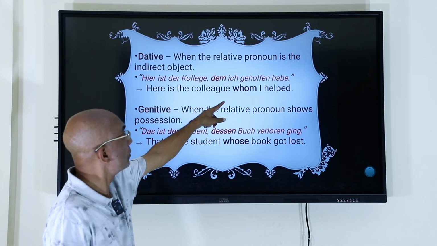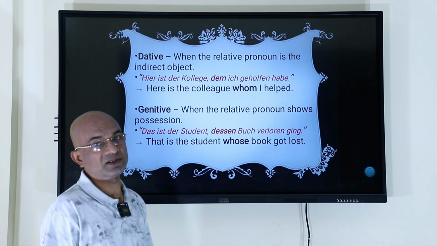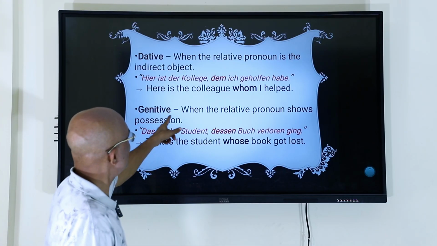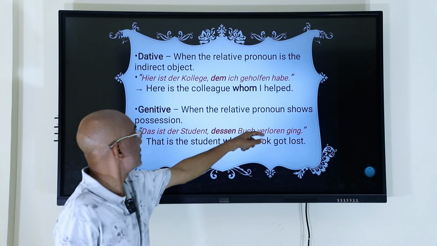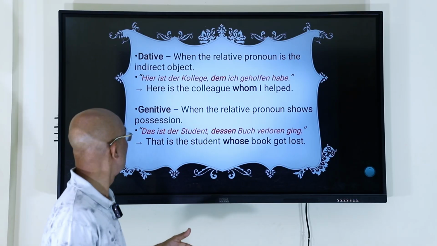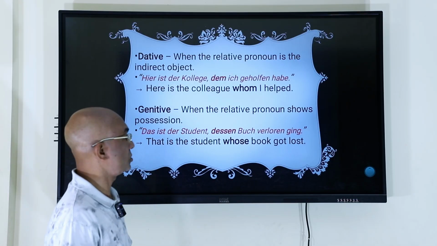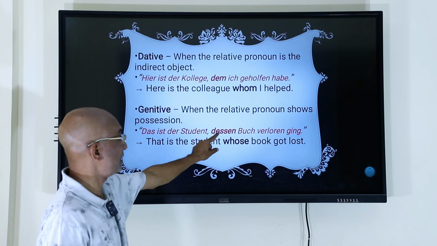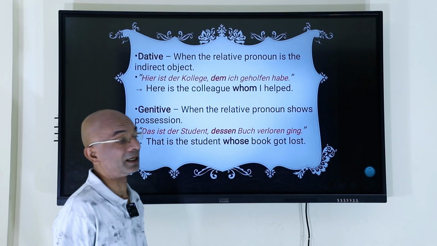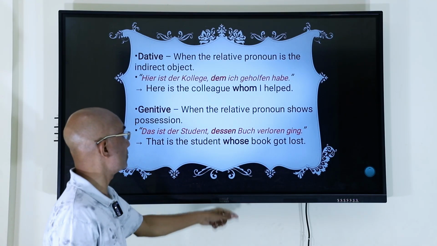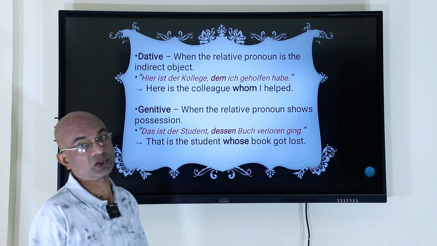Here is the colleague whom I helped. That's dative. Genitive, when the relative pronoun shows possession: "Das ist der Student, dessen Buch verloren ging." That is the student whose book got lost.